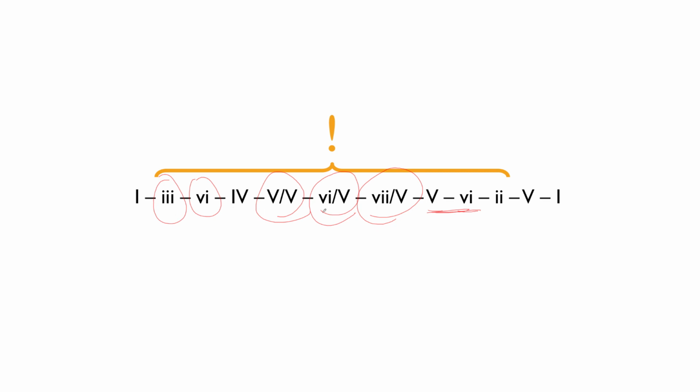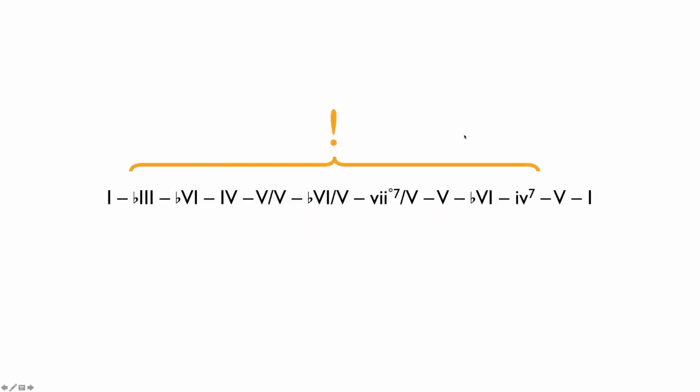And also this one, for example, instead of 5, 6, diatonic 6 of the dominant key, we can use flat 6 here. And so also here, flat 6, and we can get then another kind of progression. Let's listen to the progression.